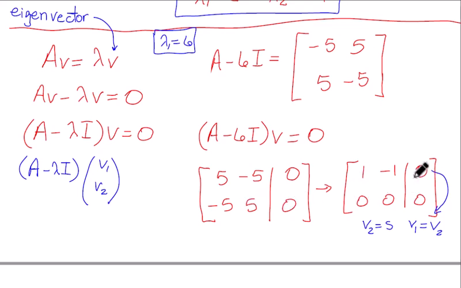Here's what happens. When I see this, because I have a whole row of zeros, that tells me V2, remember I'm looking for V1 and V2 here, is an arbitrary thing, S. And if that's the case, I get V1 minus V2 is 0, which says V1 equals V2.